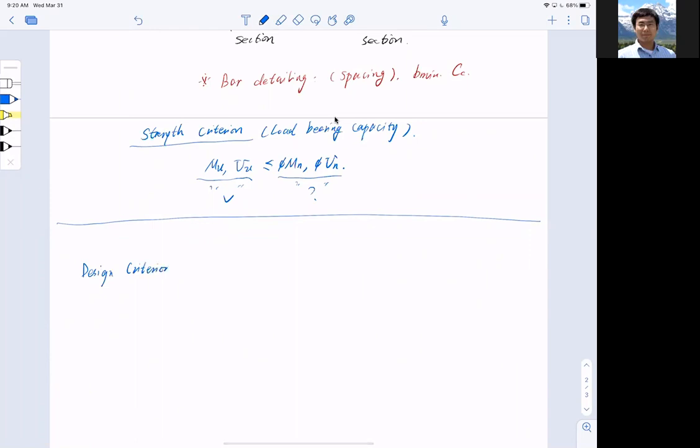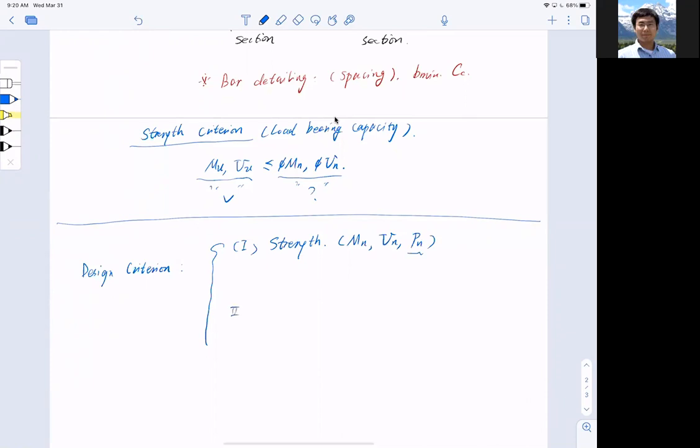One of them is strength that we have done. Okay, and this is in terms of Mn, nominal flexure strength, Vn, nominal shear strength, and we're going to cover later Pn, the column axial compression strength.